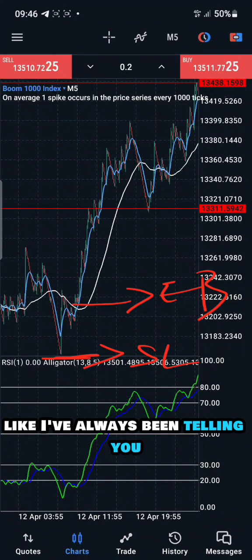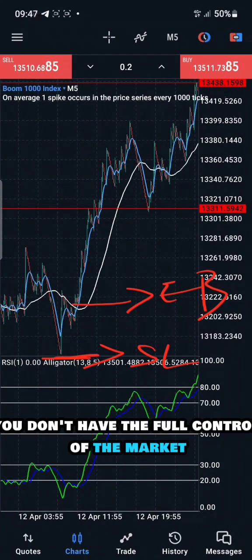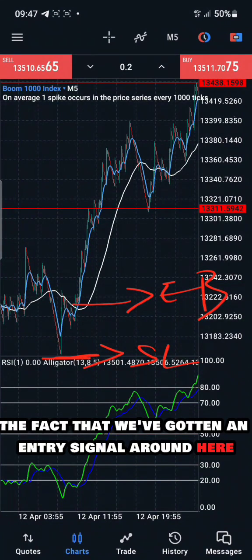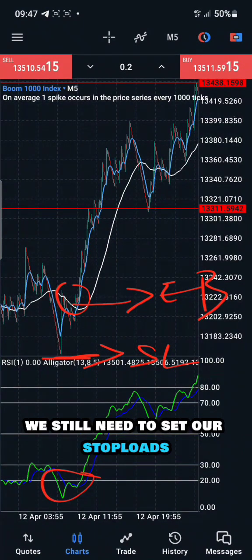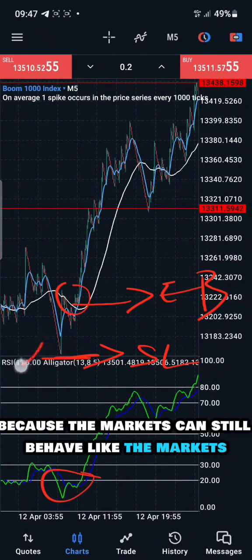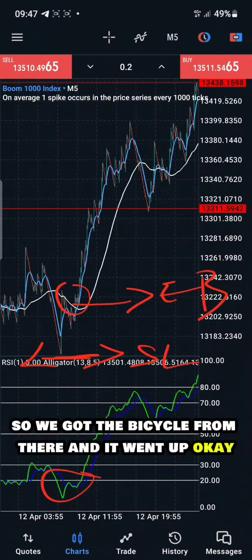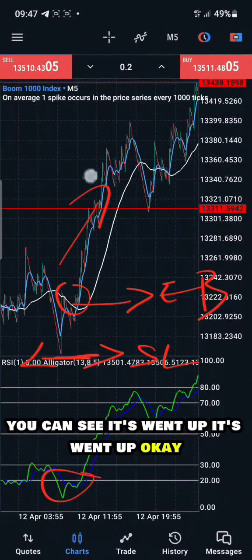Like I've always been telling you, you don't have the full control of the market, despite the fact that we've gotten an entry signal around here and it has been confirmed in the window indicator. We still need to set our stop loss because the market can still behave like the market. So we got a buy signal from there and it went up.